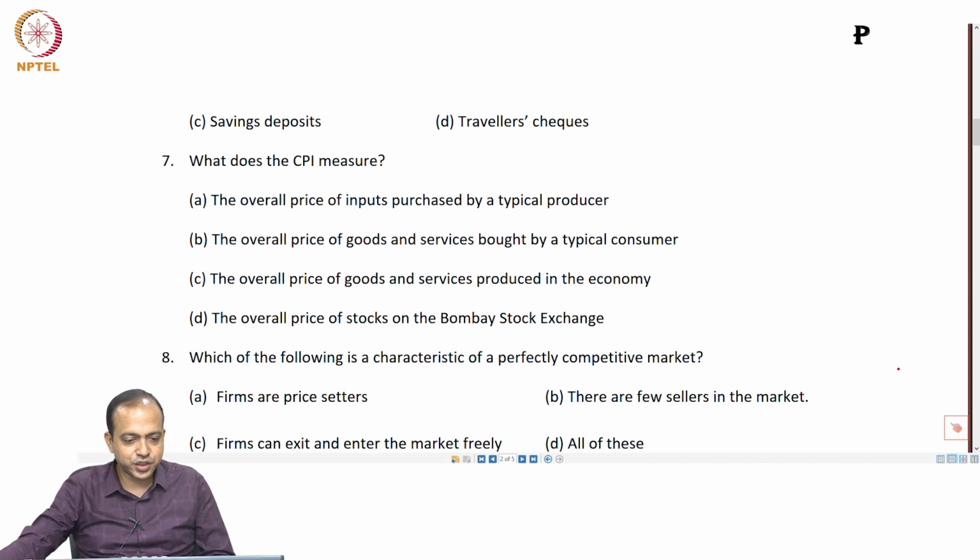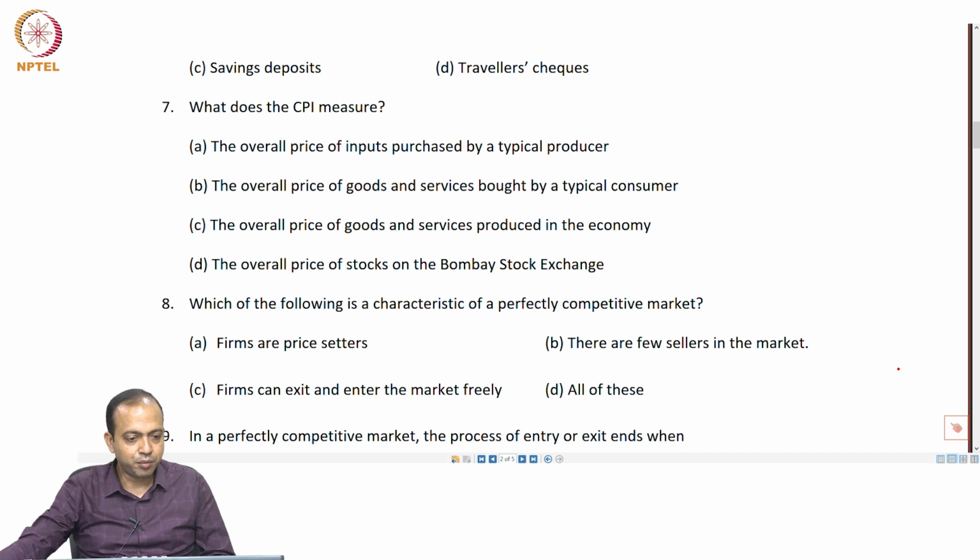What does CPI basically measure? If you recall, CPI is consumer price index. The overall price of inputs purchased by a typical producer, the overall price of goods and services bought by a typical consumer, the overall price of goods and services produced in the economy, or the overall price of stocks on the Bombay Stock Exchange.